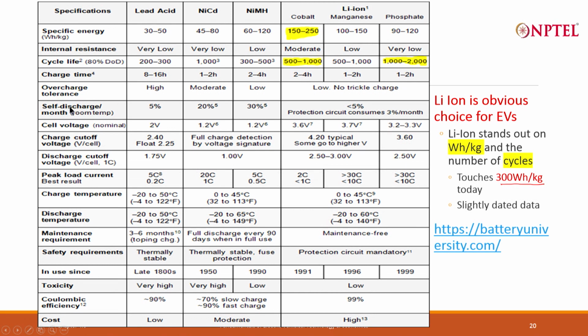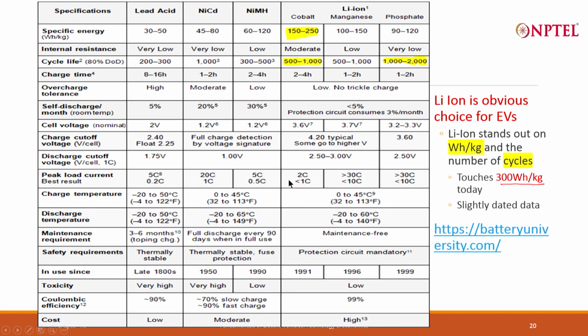There are of course other things, overcharge tolerance, self discharge. Self discharge for a lithium ion battery is low, 2 to 3% per month. It means you have left the battery charged, and at the end of the month it may be 97% or 95%, not too bad. Of course, you can charge it.